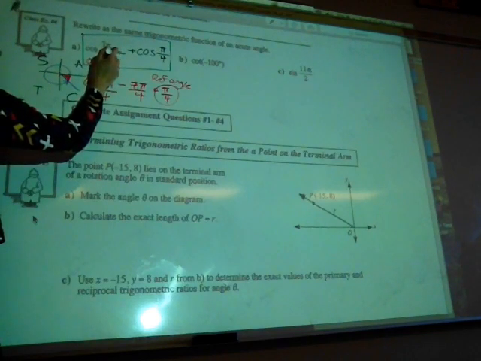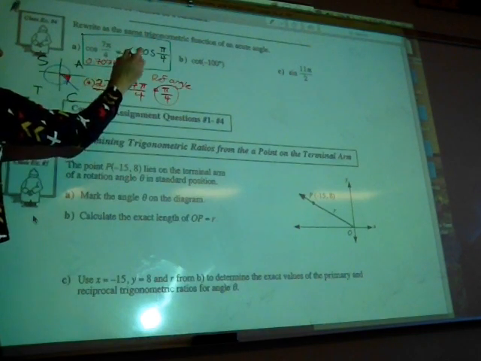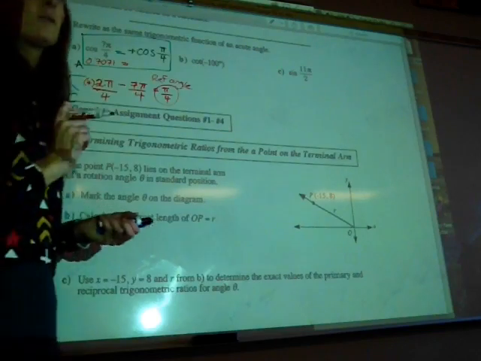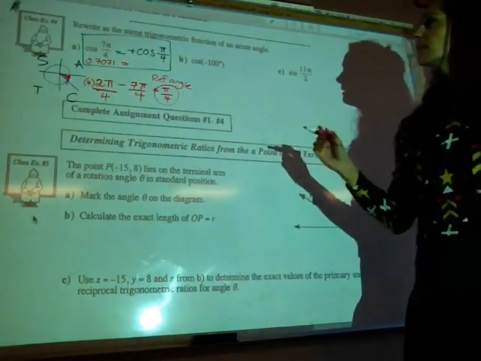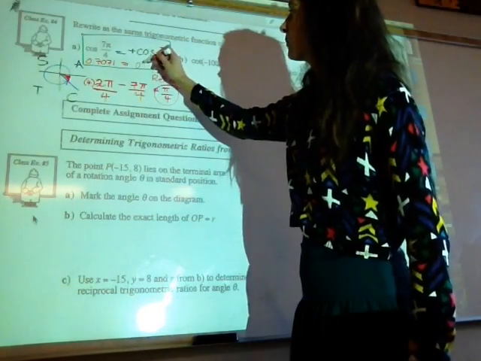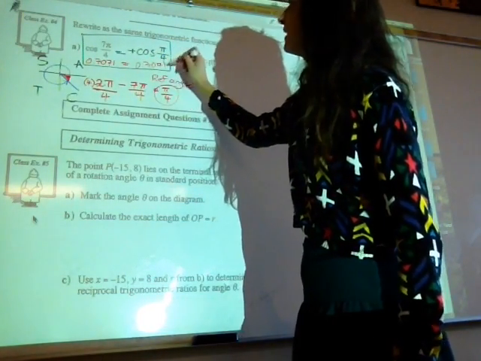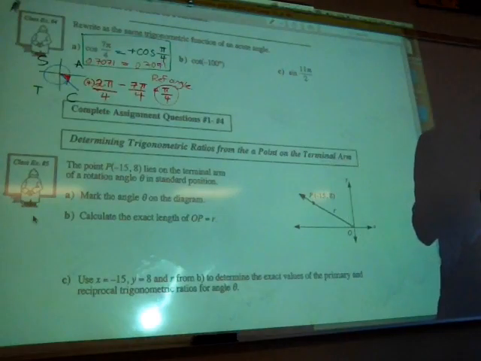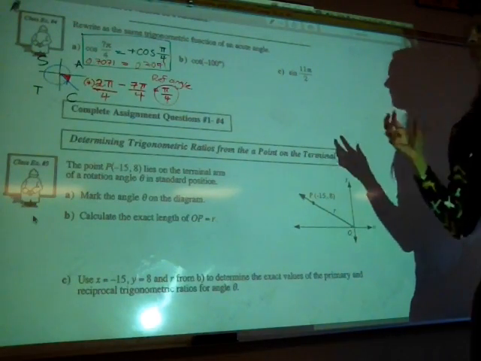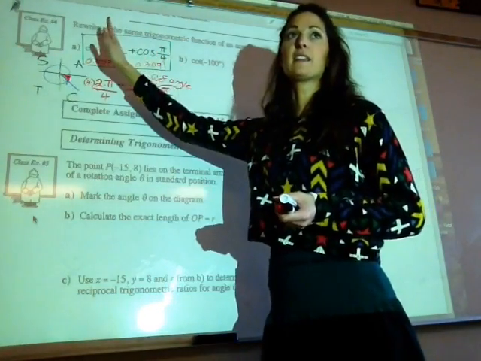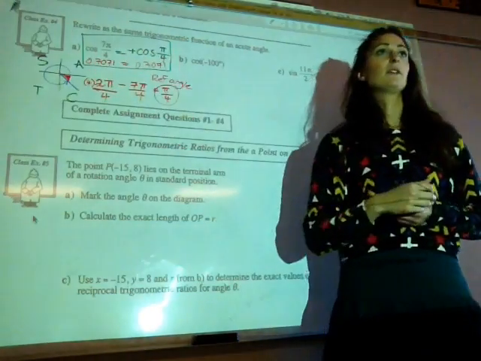Okay, and if you put in cosine pi over 4, what do you get? 0.7071. Okay. So to check, you should have that this decimal is equal to that decimal.